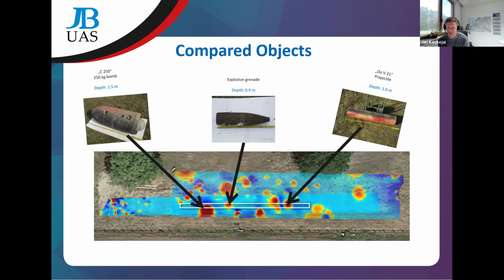The second object is an explosive grenade 90 centimeters underground. And the third object is a projectile at a depth of 1 meter. And please note the signature of the bomb is only measured at the edge, as you can see.